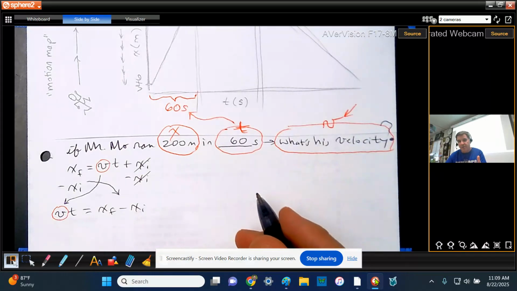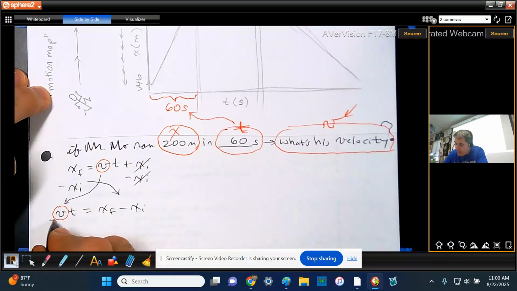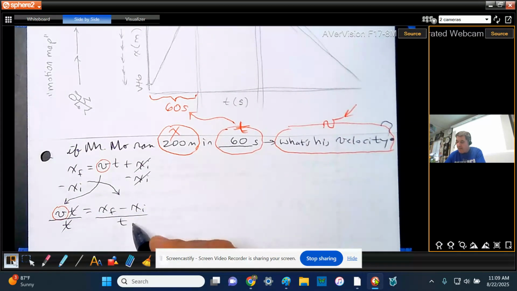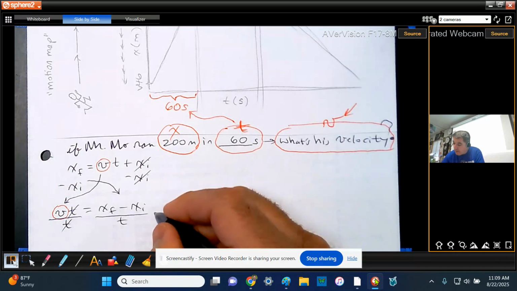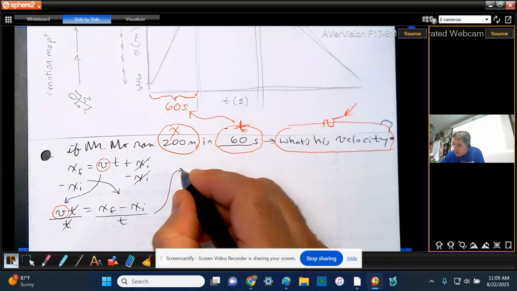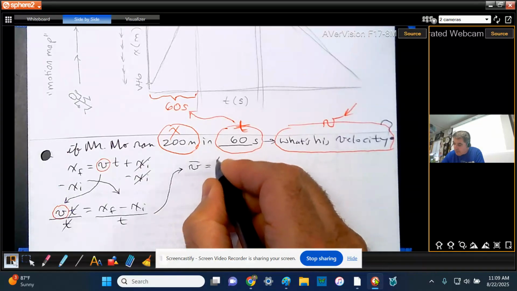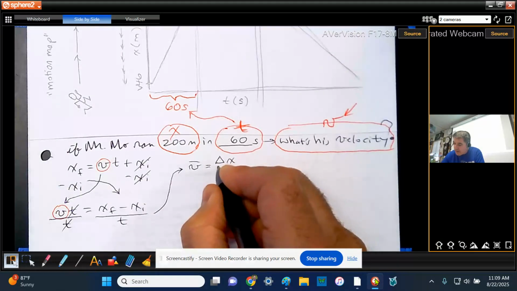You probably know how to do this. I'm going to divide each side by t, and that will cancel. And I get this. I'm going to rewrite it again, bring it up here so I can solve it. I'm going to say my average velocity is equal to delta x over t.